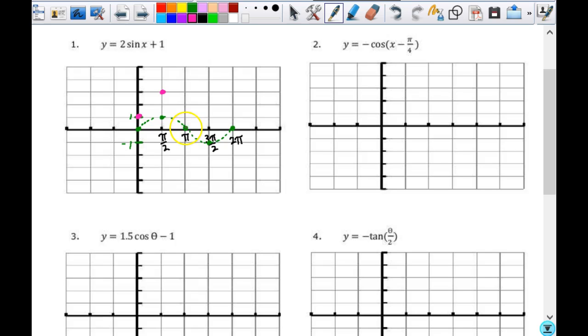I'm moving to this third point. It's at 0, so same thing, 2 times 0 is 0, and I add 1. Bam, there we go. Here, I'm at -1. Times 2 gives me -2. And then I translate up 1, and I'm right back here at -1, which seems weird, but that's what happens. You end up back at the same place.